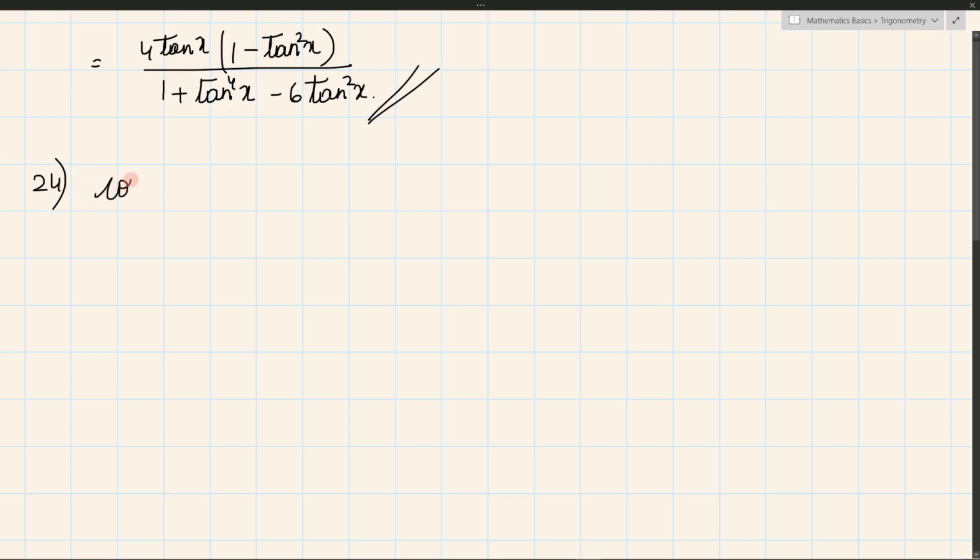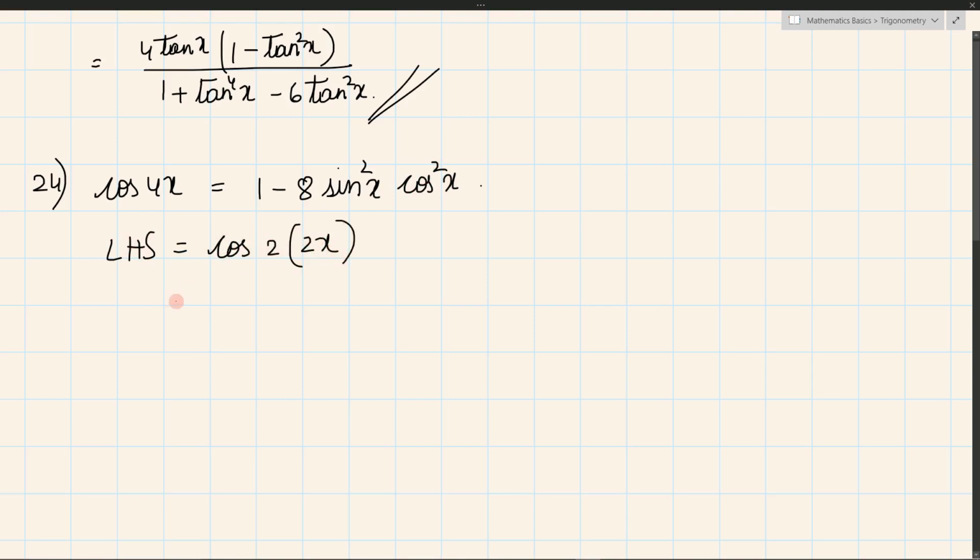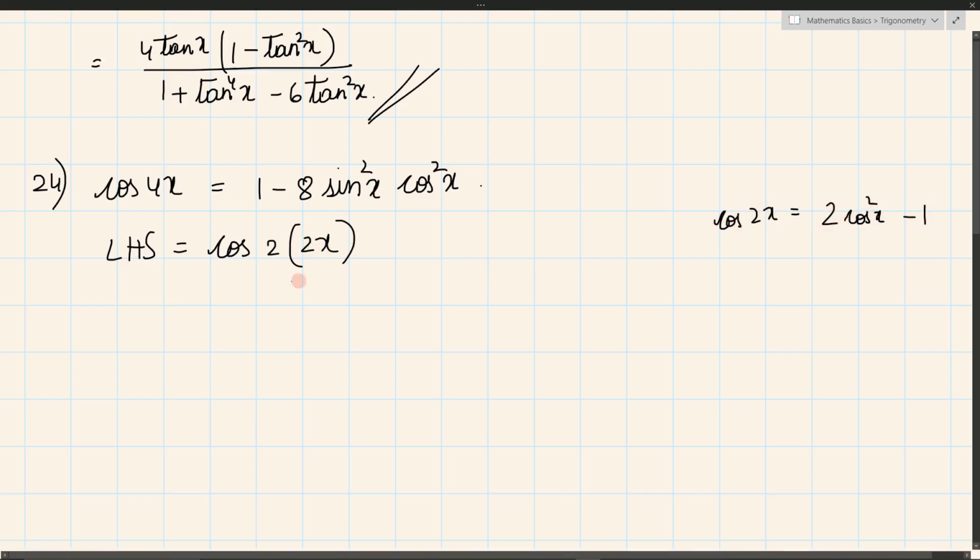Question number 24. Cos 4x is equal to 1 minus 8 sine square x cos square x. So consider the LHS. We have again cos of 2 into 2x. Cos 2x is given by 2 cos square x minus 1, right? So we have 2 into cos 2x whole square minus 1, right?